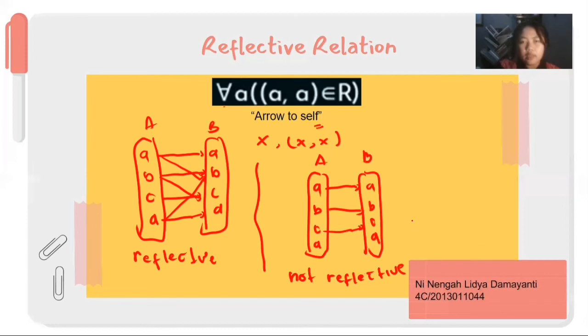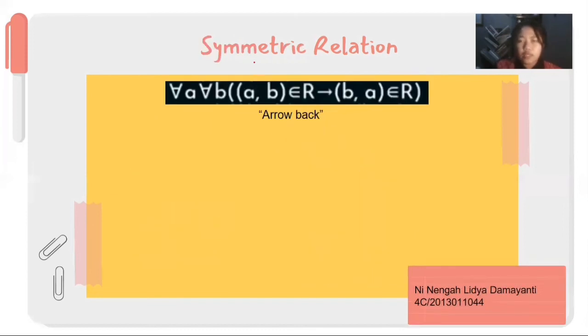Okay, and then we move to the symmetric relation. For all a and all b, (a, b) belonging to R implies that (b, a) must belong to R. Okay, so we will take the same example as before, set A and set B with the same members a, b, c, d.